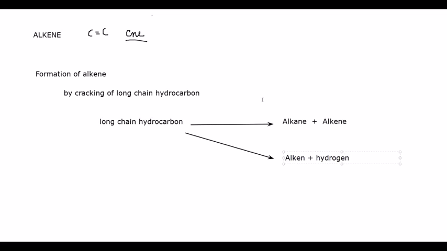So these are the two possibilities. In both cases, when we do cracking of a long chain hydrocarbon alkane, we will get an alkane and an alkene, or an alkene and hydrogen.